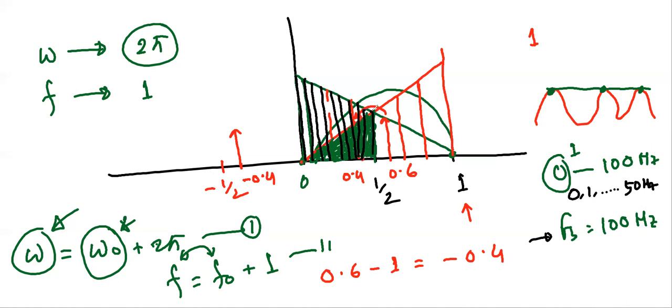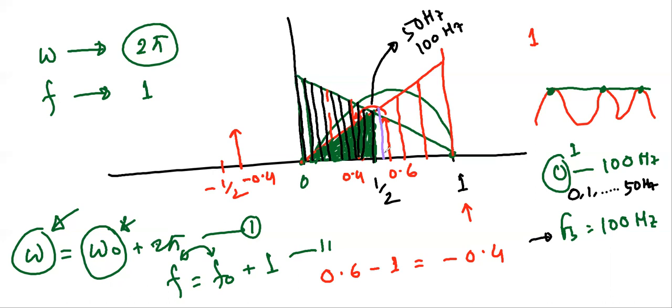So at the location of half, what is the actual frequency? The actual frequency is 50 hertz. What is the sampling frequency? All through this system, it is 100 hertz. Okay, fine. Up to 50 hertz, there is no problem. Now, what about 51 hertz? Do you have any problem?